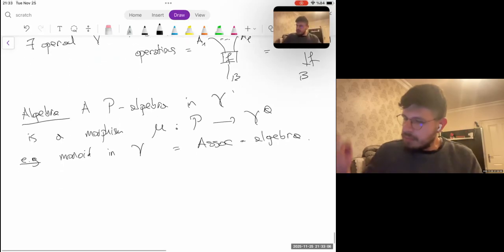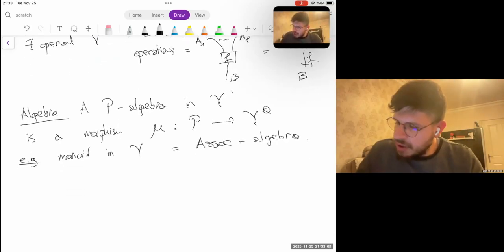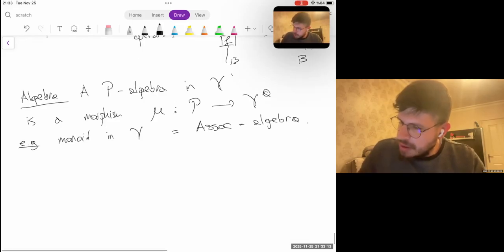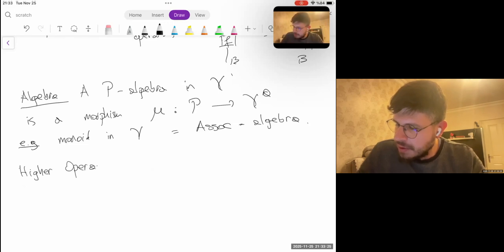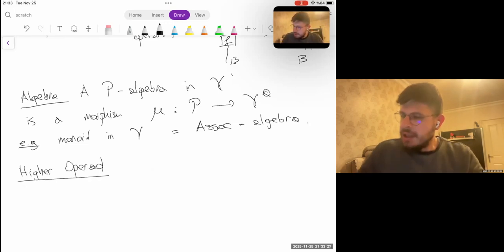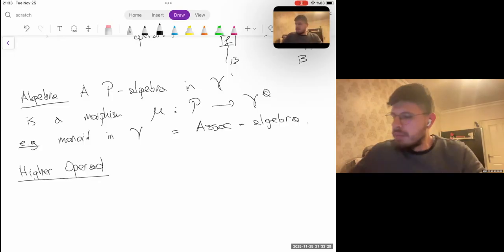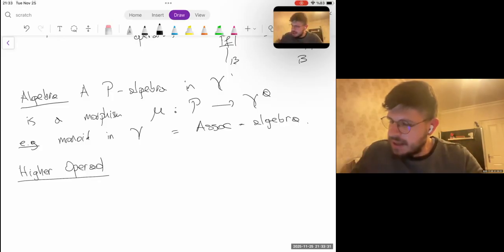Okay, so let me use this associative algebra example to motivate higher operads. What is a theory of higher operads supposed to achieve?